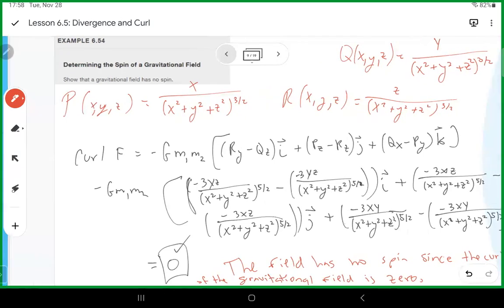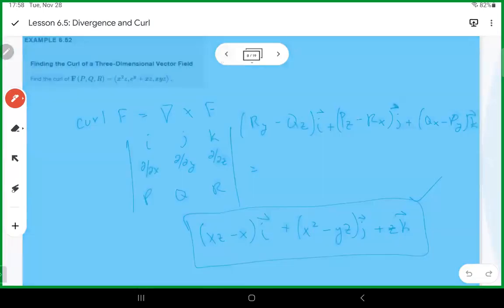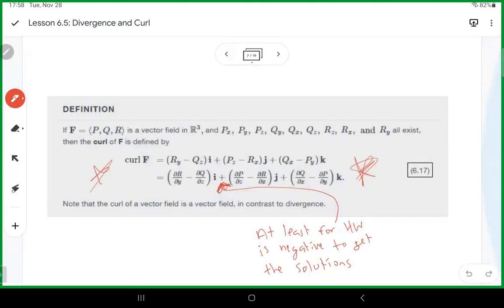So we get back to this part. You can use a negative if you don't swap the partials in j.